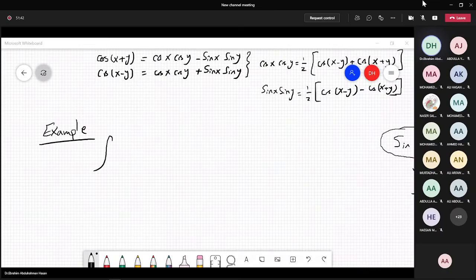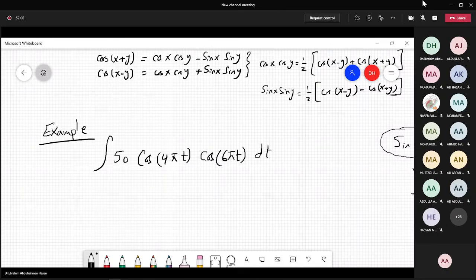Okay, I want to find the integration of 50 cosine 2 pi t cosine 4 pi t dt.